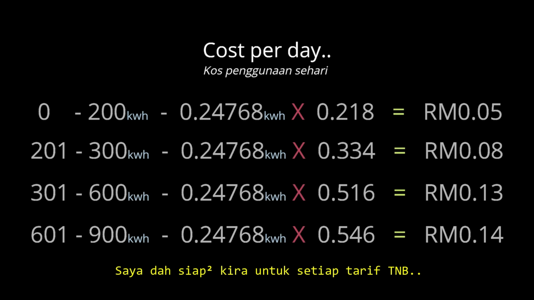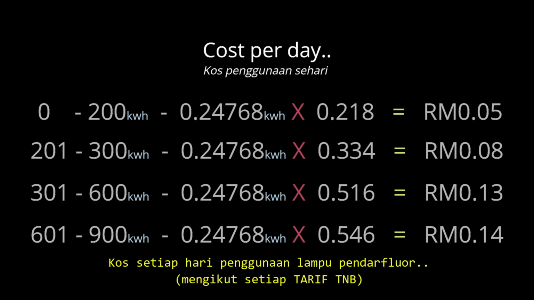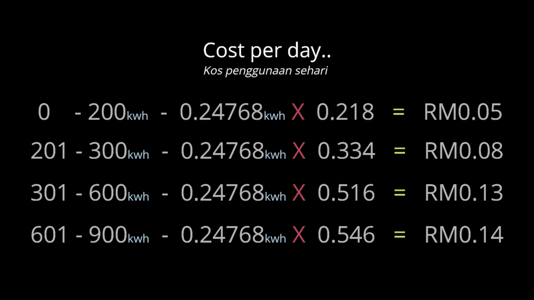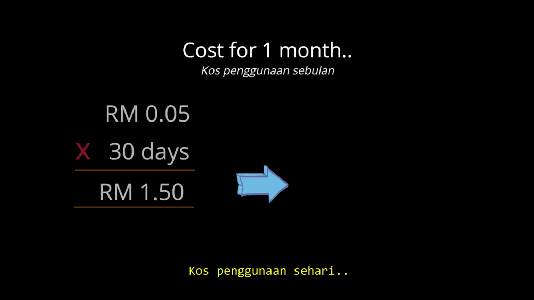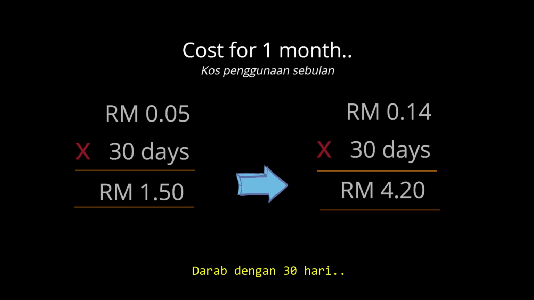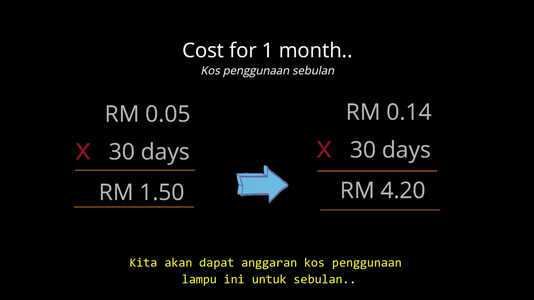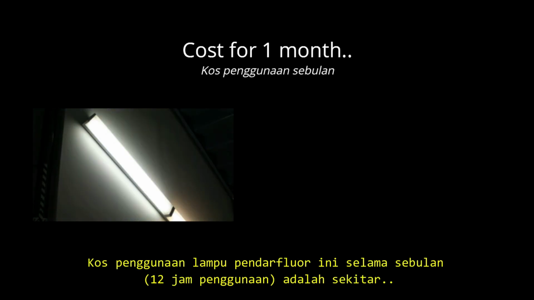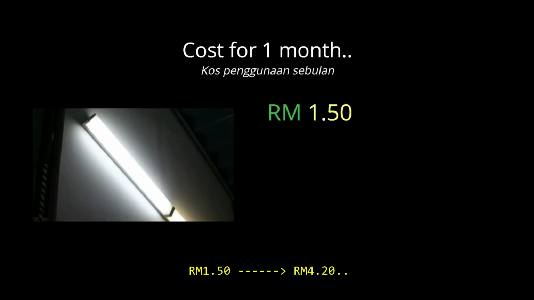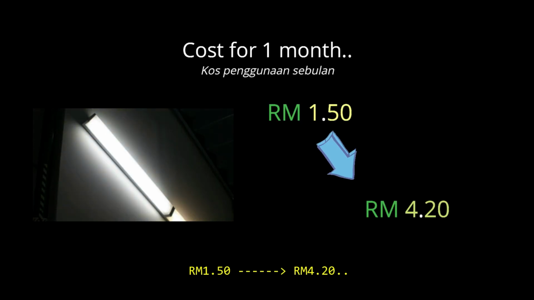I have calculated for each TNB tariff. And this is the result, cost per day using the fluorescent lights for 12 hours. And to find out how much this lamp costs for a month, cost per day multiplied by 30 days, we will be able to estimate the cost for a month. And the result: cost using this fluorescent lamp for a month is around 1 ringgit 50 cent to 4 ringgit 20 cent.